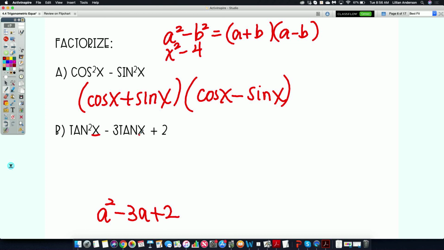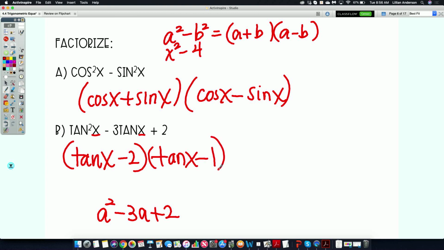Now be careful. Our variable is x, so it would be tangent x minus 2, and then tangent x minus 1. So you're looking for two numbers that multiply to give you your C and add together to give you your B. So don't forget about those skills as well.